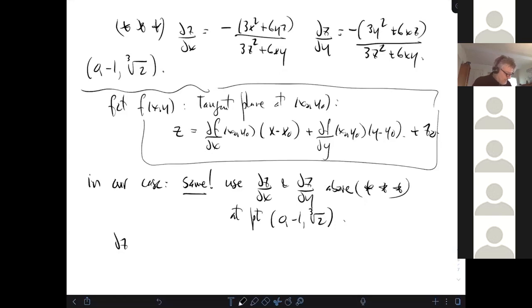So del z del x evaluated at (0, -1, cube root of 2). I'll just replace in here.